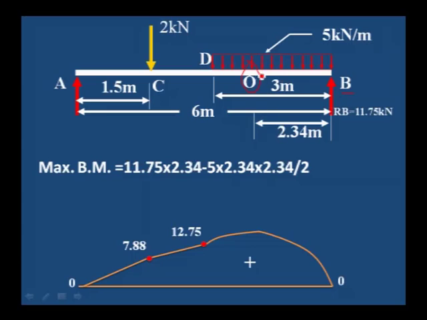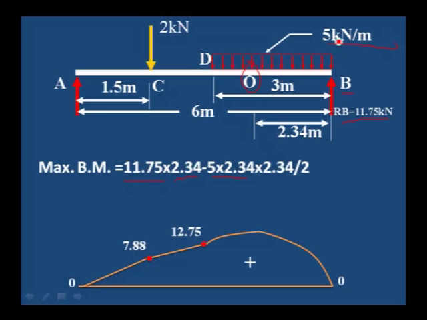To calculate the maximum bending moment at O, we have to take the moment about O. That is RB value 11.75 into distance 2.34, minus the moment due to load, 5 kilonewton into 2.34. We have to consider the load up to 2.34 only.